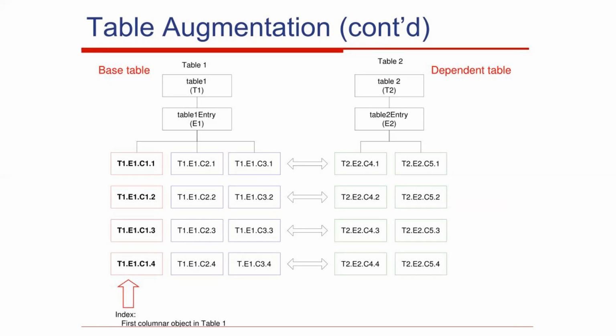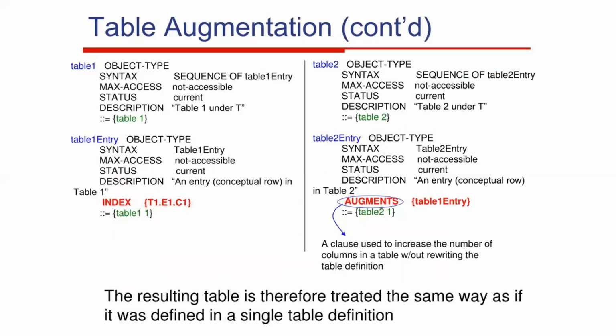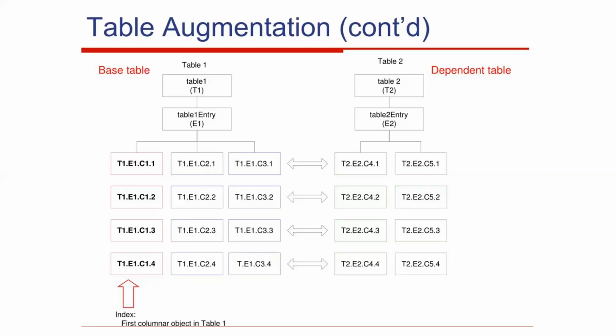Then version 2 extends the concept of table augmentation for the aggregate object from a single table to multiple tables. This allows for expansion of managed objects when the number of columnar objects needs to be increased, or when the objects are best organized by grouping them hierarchically.